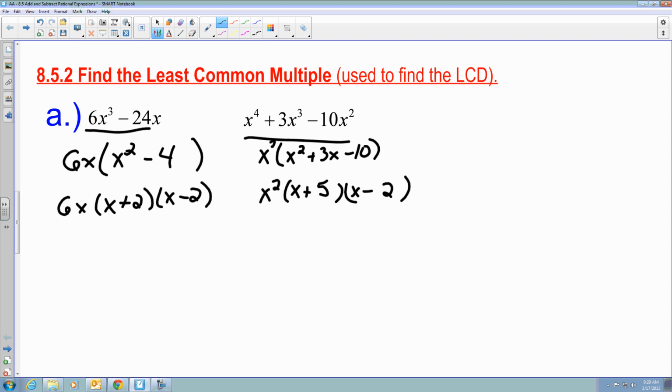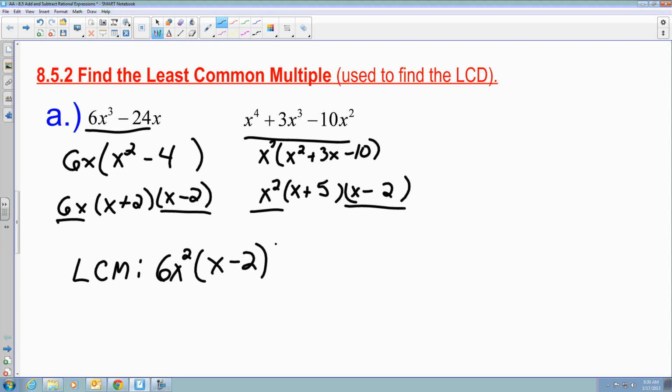So to find the least common multiple here, I look at the outside. I have a 6x and I have an x squared. So the largest value with the coefficients is 6, and then I have the x, and the largest degree happens to be 2. And I see that I have an x minus 2 and an x minus 2, so I only need to write that once.